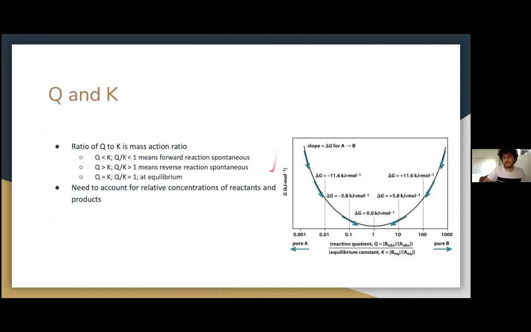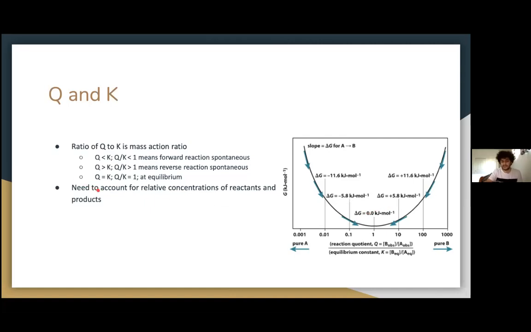We can do that by also looking at this graph here. So remember at the bottom here, delta G is equal to 0. That's at equilibrium. So if you have a Q less than K, that means you're on the left side here. You have a lot more reactants than products. Your forward reaction will be spontaneous, trending to equilibrium. If you have Q greater than K, you're on the right side and your reverse reaction is favored.